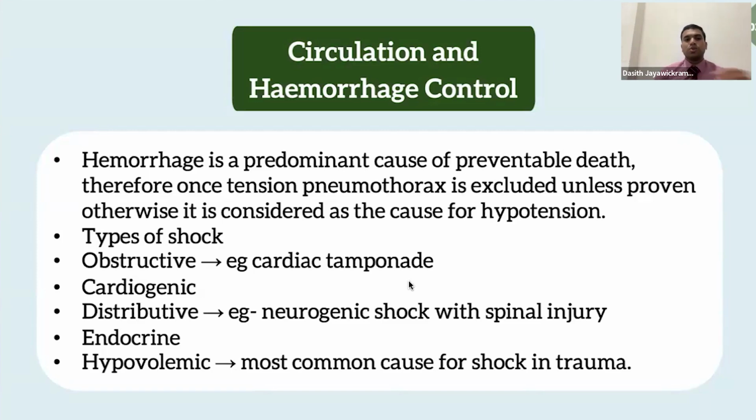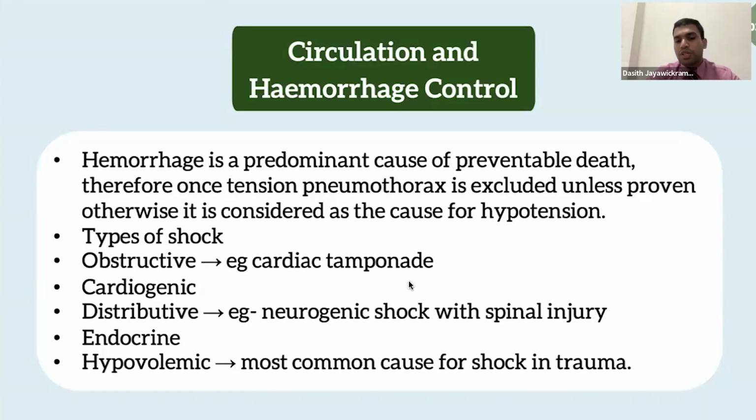Okay. So, types of shock. Most of the time in trauma, it is hypovolemic shock. Just to cover the types of shock, there could be obstructive shock, such as in cardiac tamponade; cardiogenic shock, such as in heart failure; distributive shock, such as in neurogenic shock and anaphylactic shock; endocrine shock, also a kind of distributive shock; and hypovolemic shock.